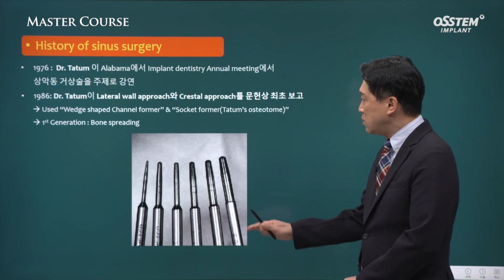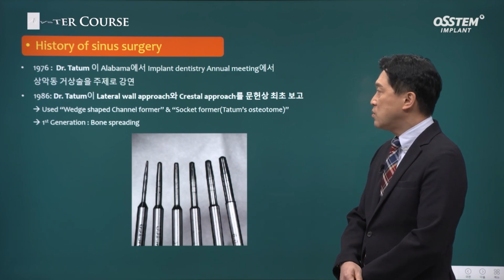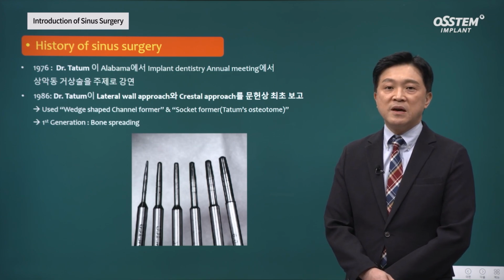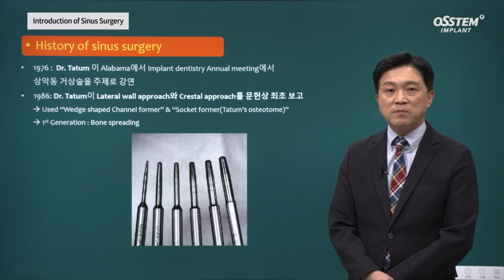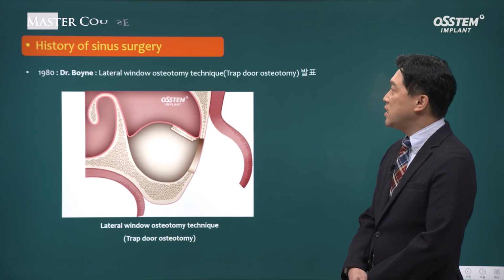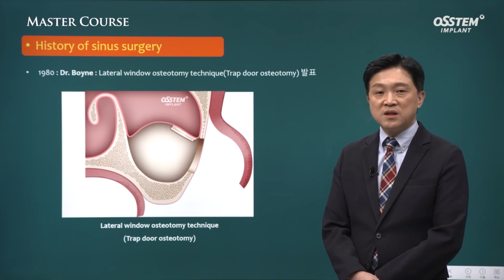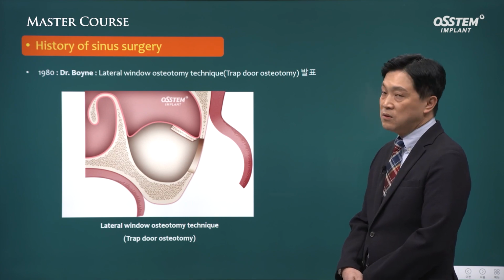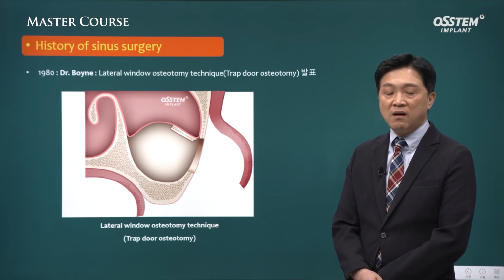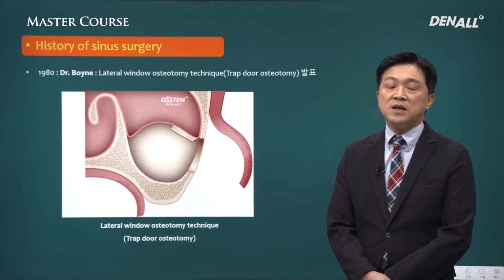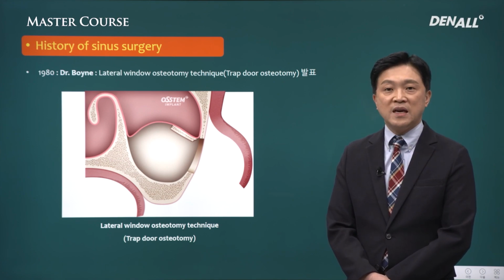At the time osteotome was used, bone spreading or sinus floor elevation was performed. In 1980, Dr. Boyne introduced the lateral window osteotomy technique and talked about how to do graft. In other words, he announced the trapdoor osteotomy and many advancements have been made since.